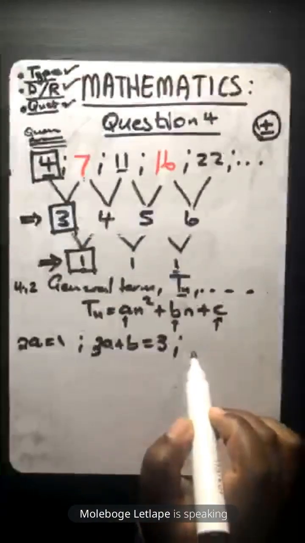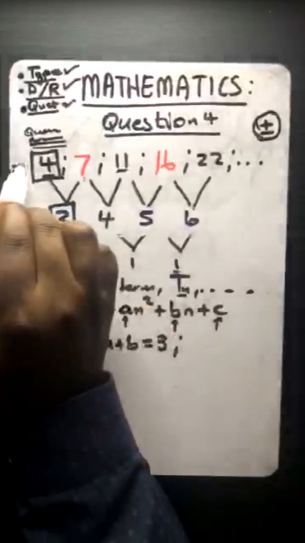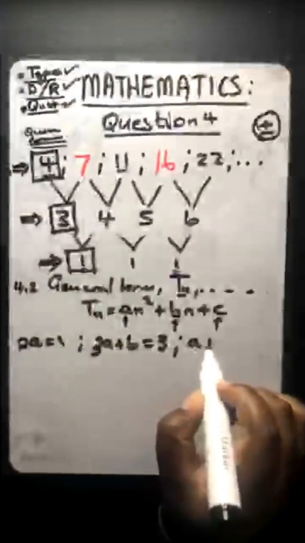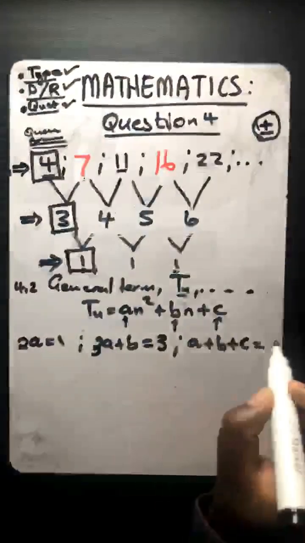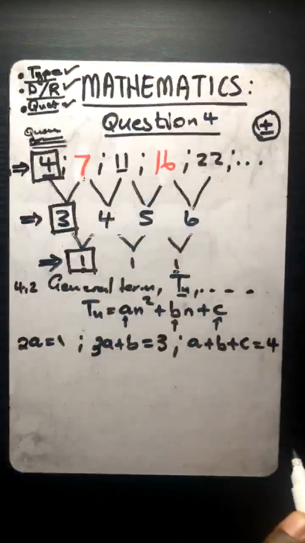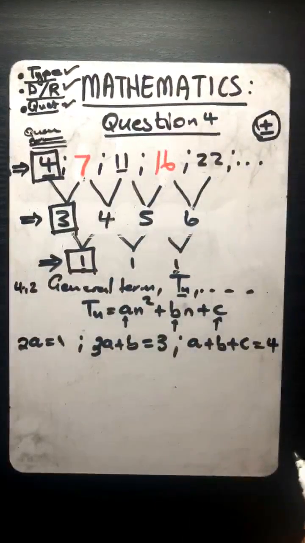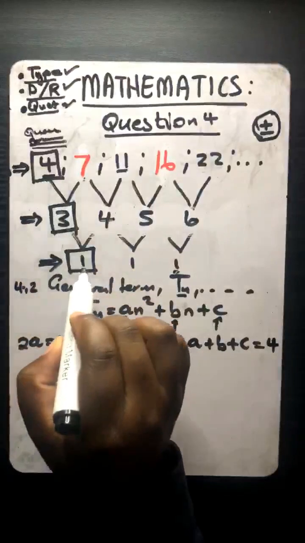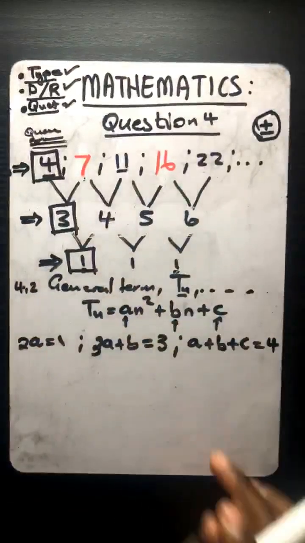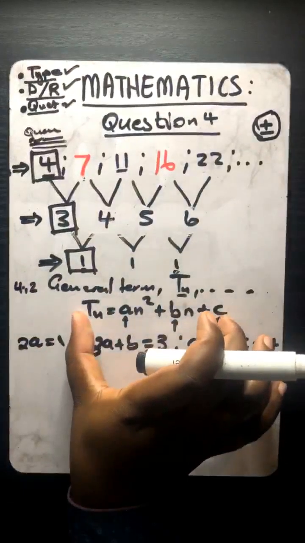So this one is a plus b plus c, which is equal to that, which is 4. I'm telling you guys, even when you get to varsity, the principle doesn't change. You only need that, and that. That's all that you need in order to derive a general formula.